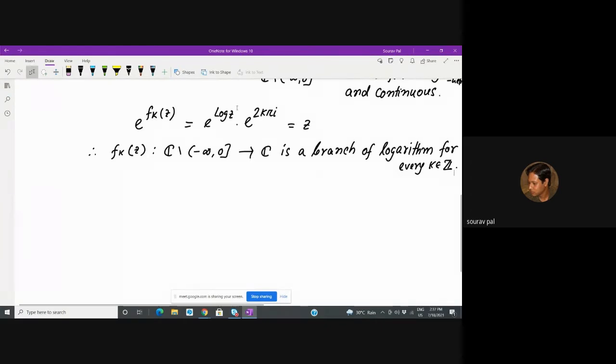We have the principal branch of logarithm, and in terms of the principal branch, we have all other branches of the logarithm, for every k, in the same region. My point is, this is indeed true for any region and any branch of logarithm defined in that region. How? Let us see.